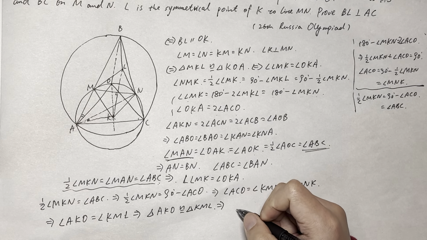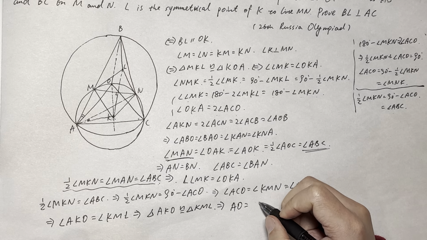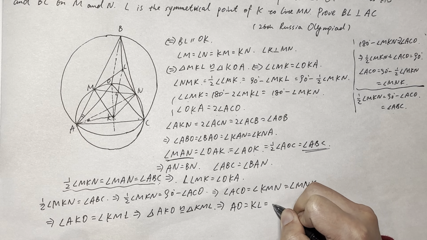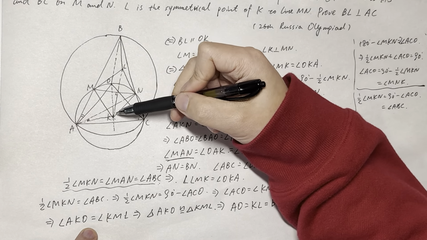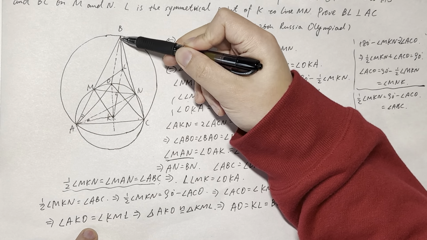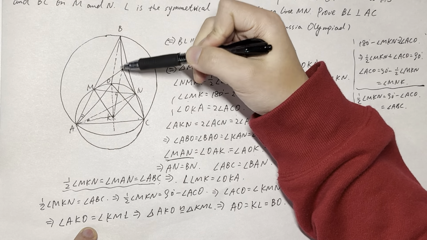Then we know that AO equals KL equals BO. Okay, now we proved that KL equals BO. What about BL?